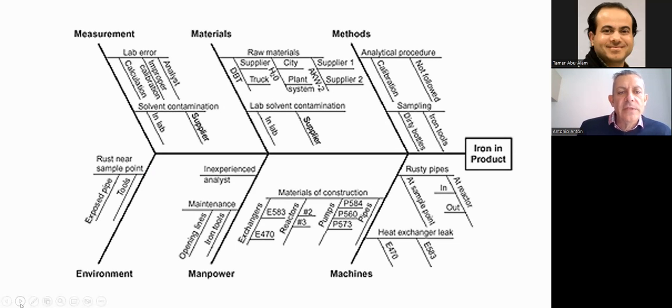So let's start, first, with measurement. In terms of measurement, for instance, lab errors. The cause of measurement perhaps is a problem of the lab, perhaps a problem of solvent contamination. Then here they draw some other arrows that are the subcauses of lab error.